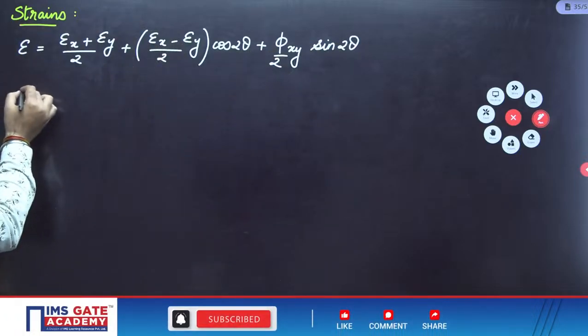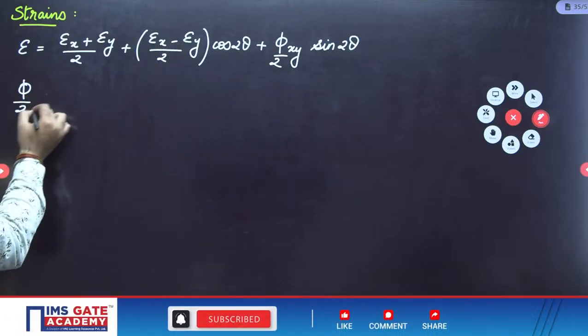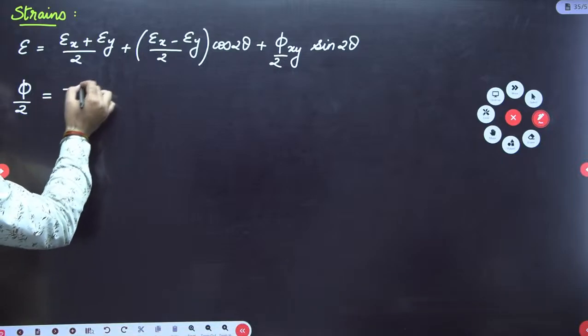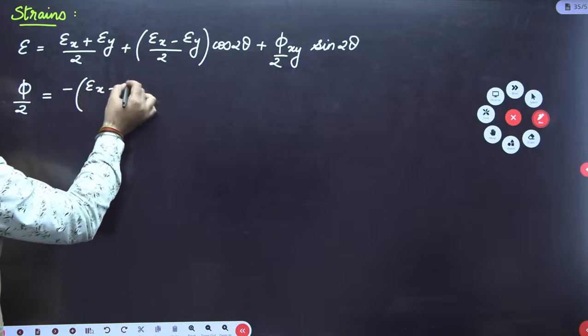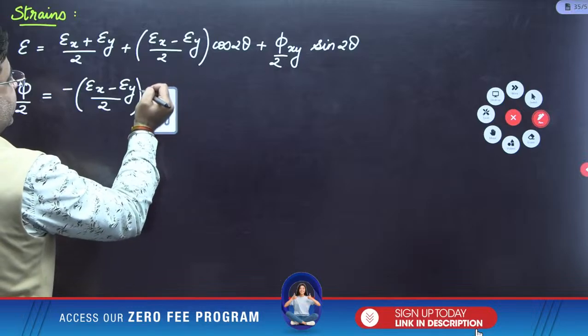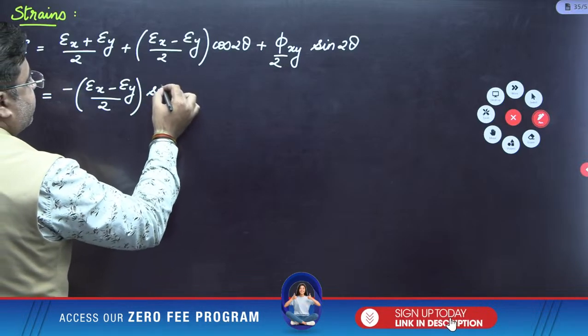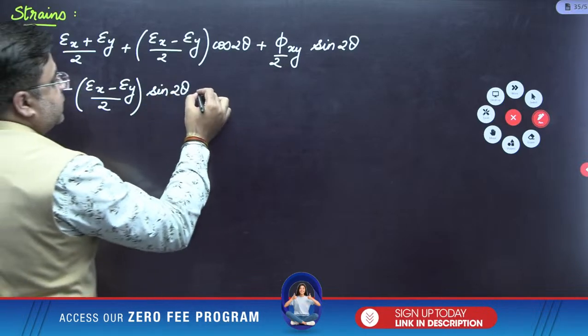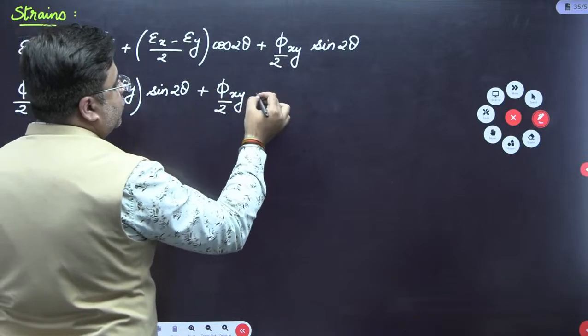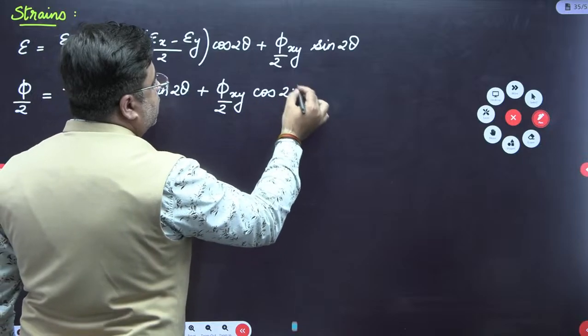Similarly, shear strain on the oblique plane, phi by 2, is equal to minus of epsilon x minus epsilon y by 2 into sin 2 theta plus phi xy by 2 into cos 2 theta.